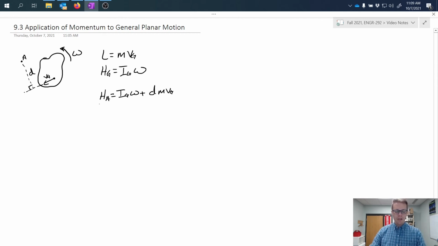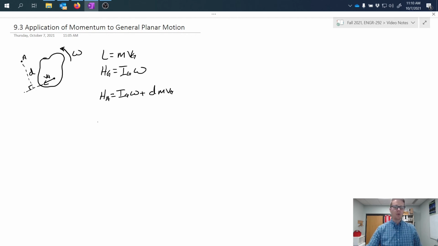Another slight variation on this is that if I go back to what I said at the beginning, general planar motion means that there is both translation and rotation, and the point about which the object is rotating isn't fixed in space, and it's itself moving. However, recall that we have something called the instantaneous center of rotation, which means that at any instant in time, there is a point in space about which any motion can be said to be fixed axis rotation.